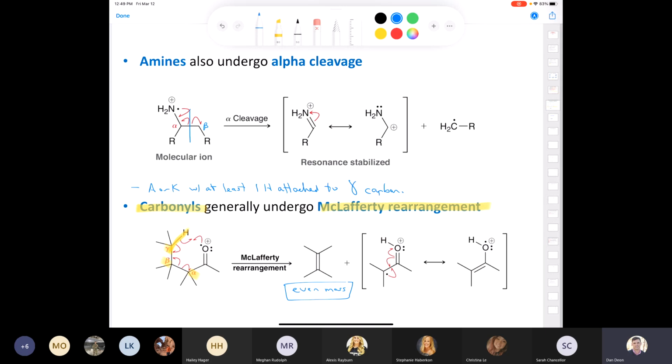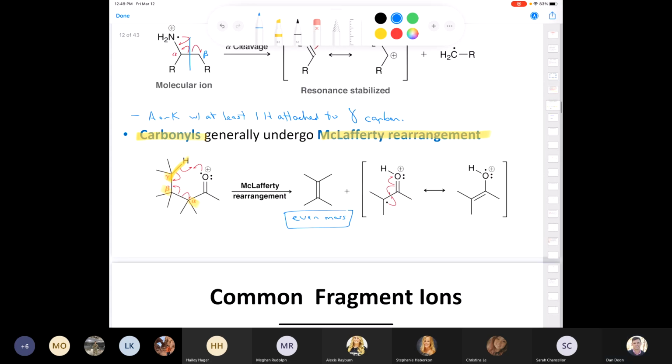If you have a loss of an even mass in any mass spectrum that's not a loss of 18, you can pretty much assume that you have an aldehyde or a ketone and that it must have a gamma carbon with a proton attached to it.